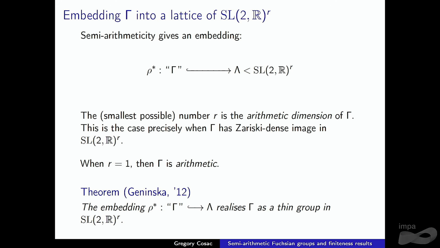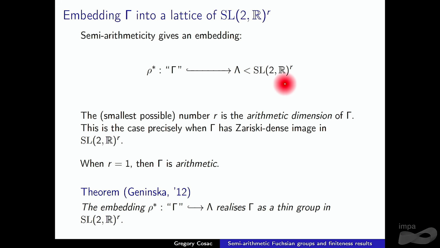And more than that, it embeds your group in a lattice, so a discrete subgroup of this Lie group that has a finite covolume. Here I wrote gamma in quotation marks because I'm not being 100% precise. It's just the idea, just think of it this way. And see that this R here is the arithmetic dimension that I mentioned before.